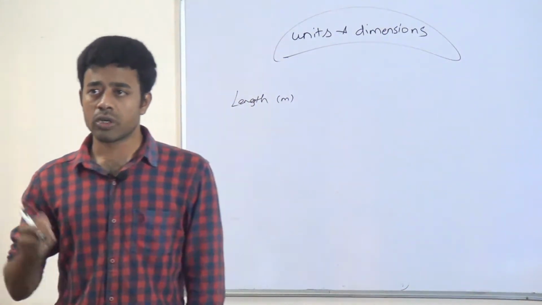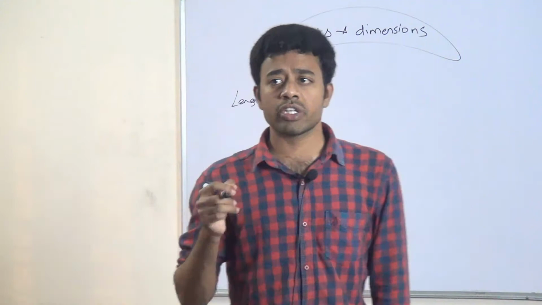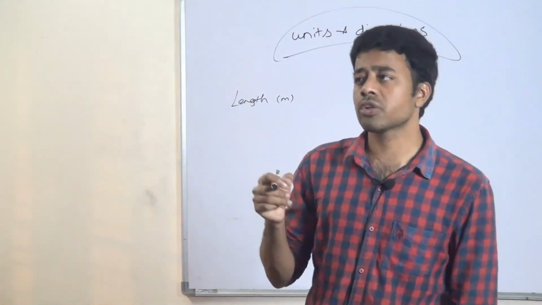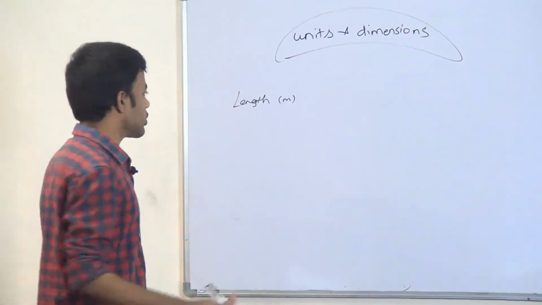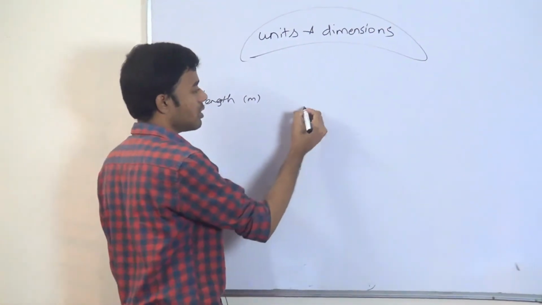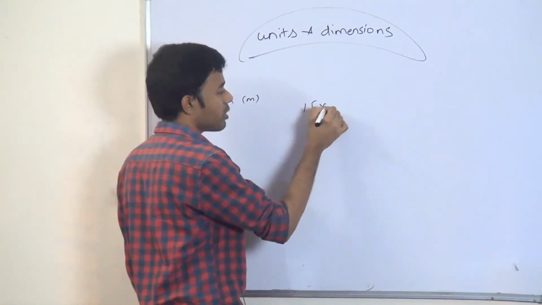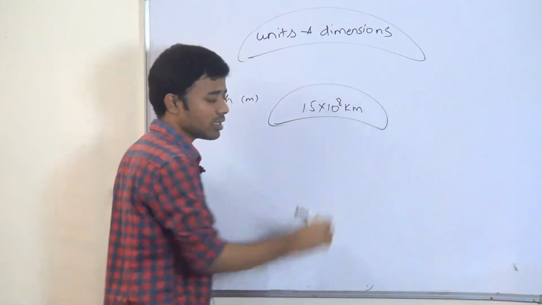Why? Because if you want to find the distance between Earth and the Sun, it is almost 15 crores of kilometers. It is the average distance between Earth and Sun. So 15 crores of kilometers means 1.5 into 10 to the power of 8 kilometers is the average distance between the Earth and Sun.